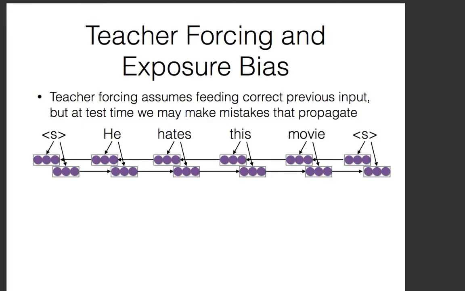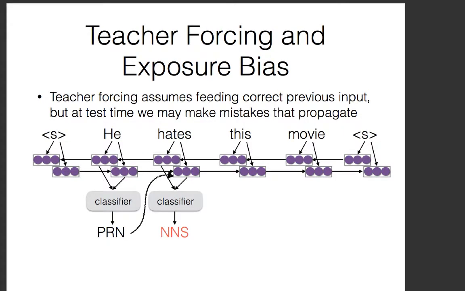So the question got ahead of what I was going to talk about, but the reason why this is a bad idea is because teacher forcing is assuming we're feeding in the correct previous input, but at test time we may make mistakes. So if we get PRN and this is correct, that's fine.